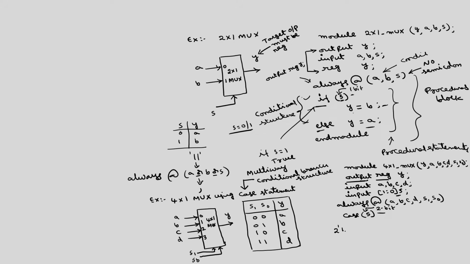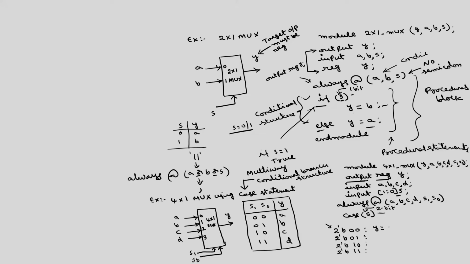2 bit, this is the representation of the numbers in Verilog. This can be 2'b00, this stands for 2 bit, b stands for binary, 2'b01 colon, 2'b10 colon, 2'b11 colon. So, if this is 00, what is output y?